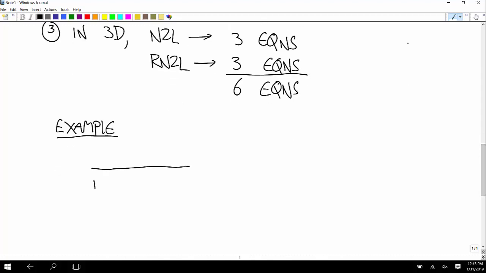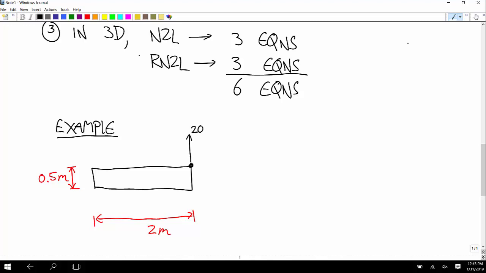So let's say we have sort of a Ford, and let's say that it has a length of 2 meters and a width of half a meter. And let's say that we have a force acting this way of 20,000 newtons.